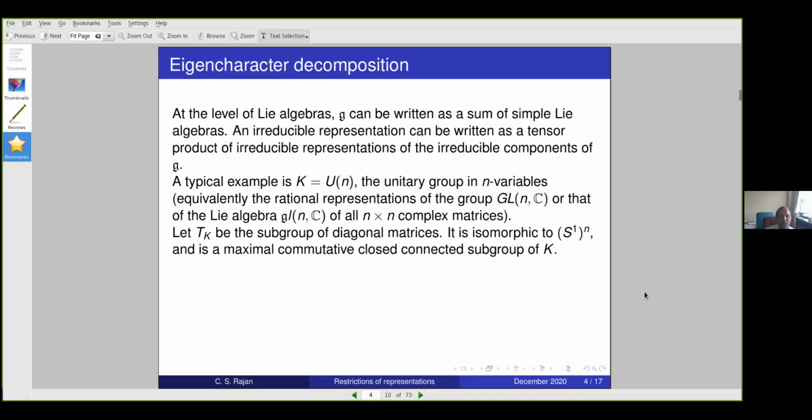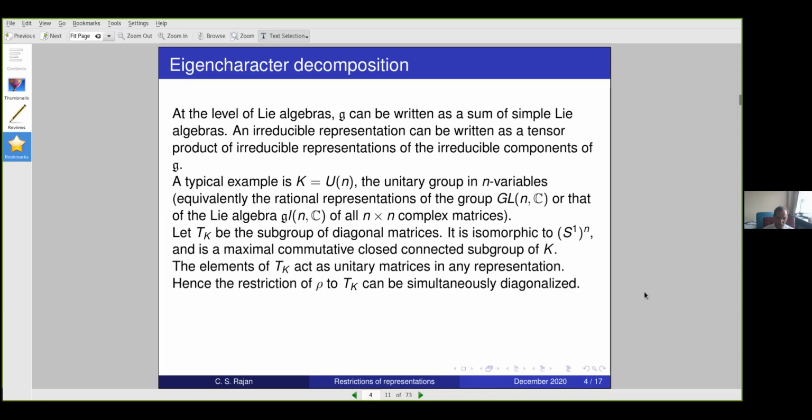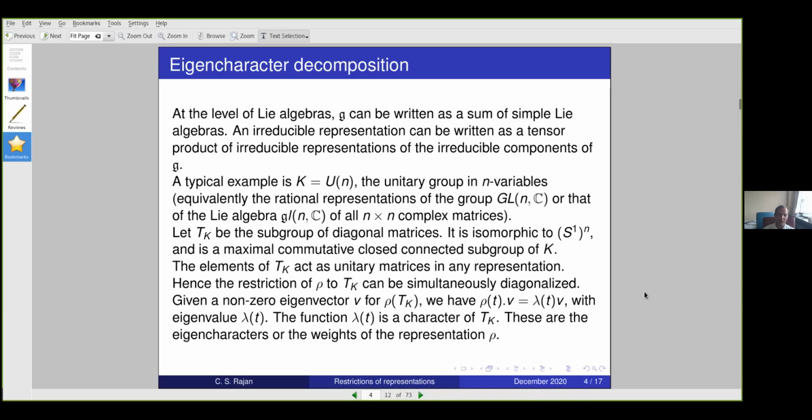Let T_K be the subgroup of diagonal matrices. It is isomorphic to S^1 to the power n, the circle group to the power n, and it is a maximal commutative closed connected subgroup of K. The elements of T_K act as unitary matrices in any representation, and hence the representation rho restricted to T_K can be simultaneously diagonalized.